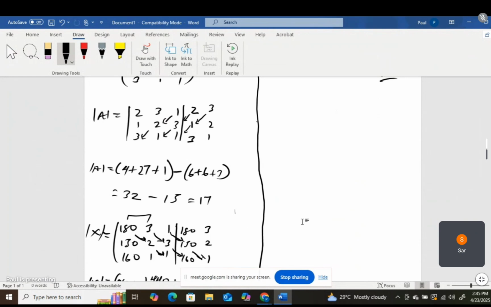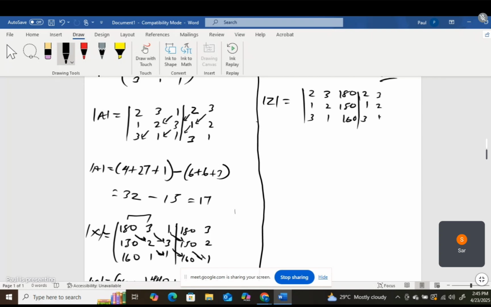So we do the same for matrix Z. With matrix Z, the x and y coefficients will be retained, but that of z will be replaced by 180, 150, and 160. Then we repeat the first two, so 2, 1, 3, 3, 2.